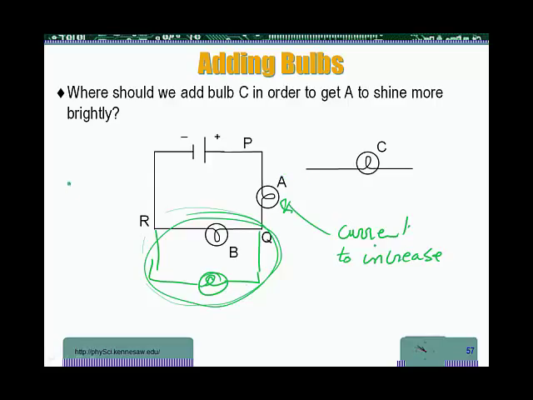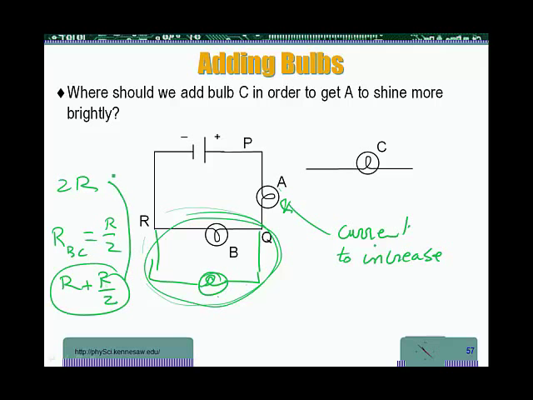Initially, the battery sees the resistance of A and B, so it sees twice R. Now, when I put a resistance in parallel with B, the resistance RBC is going to be half of R, because resistors in parallel provide a lower resistance, and if they are the same, it's just half. So the overall resistance seen by the battery is R for A plus R over 2, which is less than twice R.